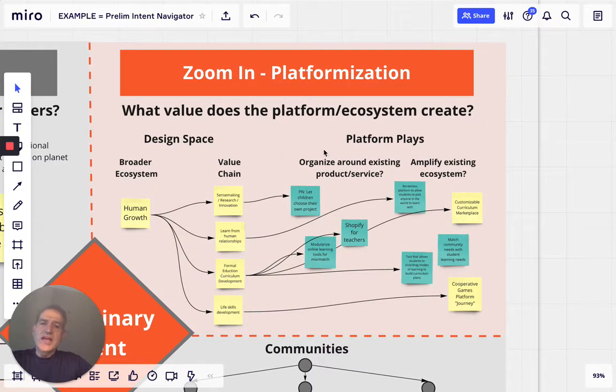What you're looking to do is identify platform plays, which are concepts or ideas.